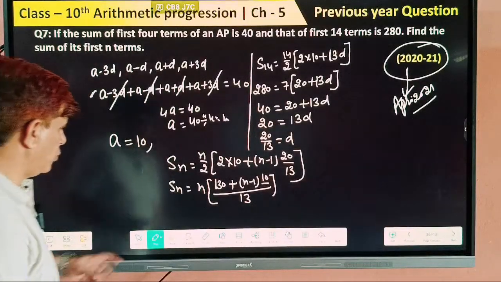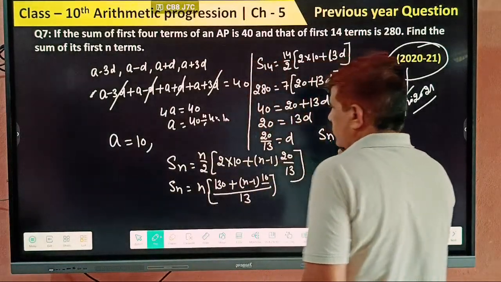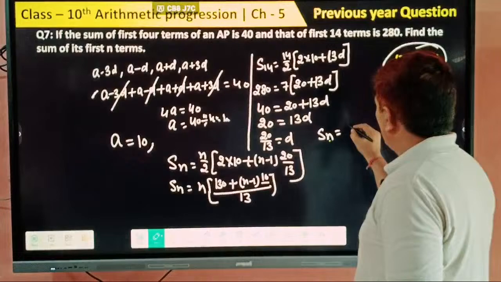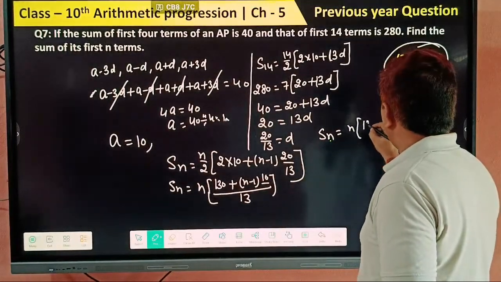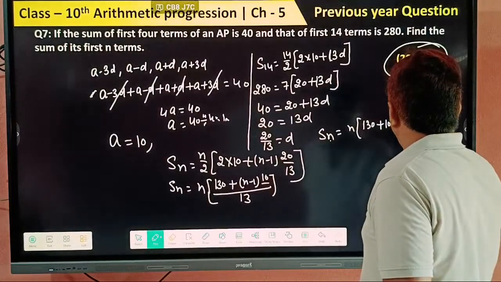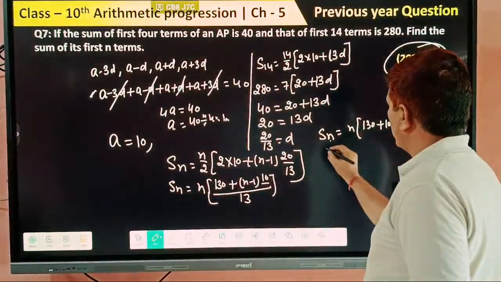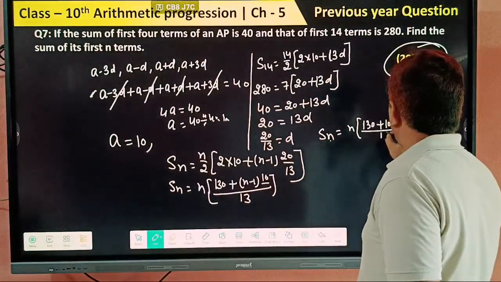So solve it. Sn equals n into 130 plus 10n minus 10, all over 13.